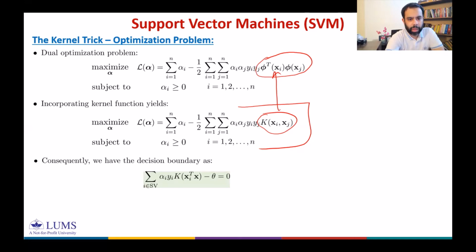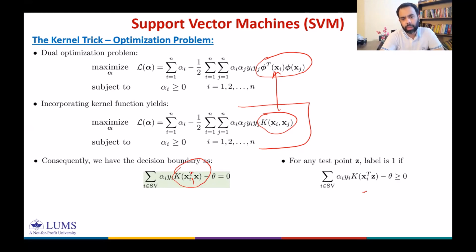I have simply replaced phi transpose xi with phi xj with this kernel. Okay, so it should be xi, my apologies, x. Let me fix this in the notes. Similarly, for any test point z, we say the label is 1 if the sum over support vectors of kernel of xi comma z, minus theta, is greater than 0.